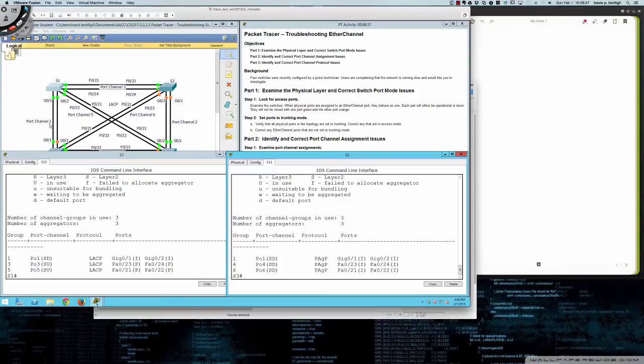Even in the output, we do show etherchannel, and it shows us the port channels. They're synonymous, and they all talk about taking individual links and bonding or bundling them together to increase the available bandwidth.